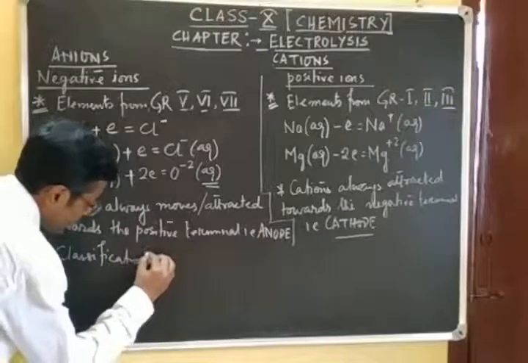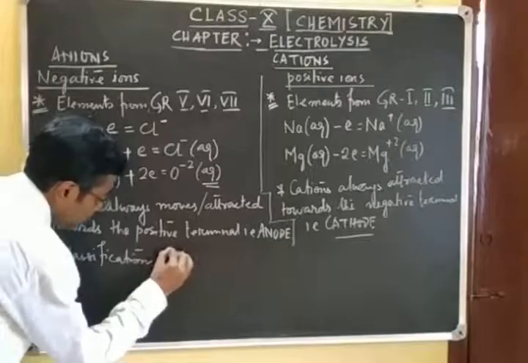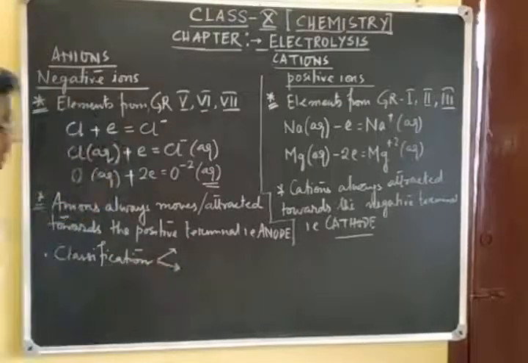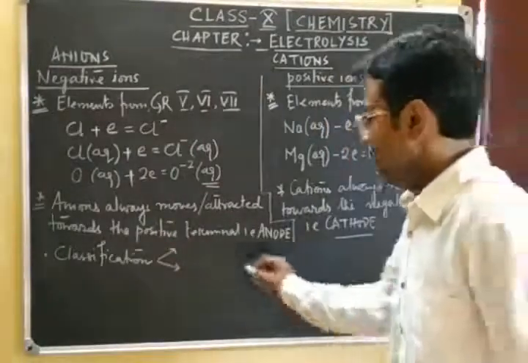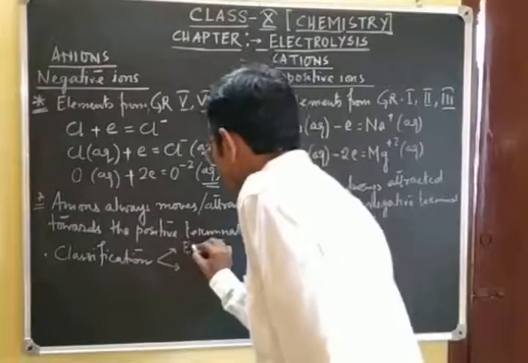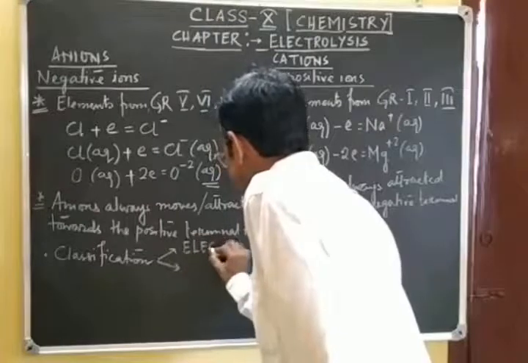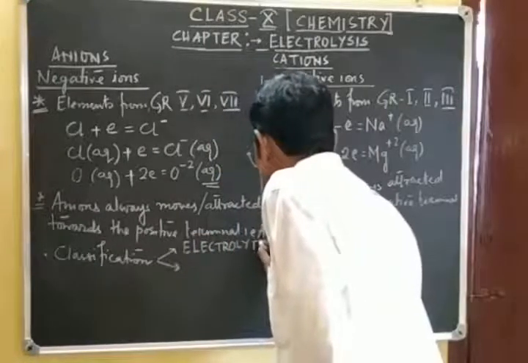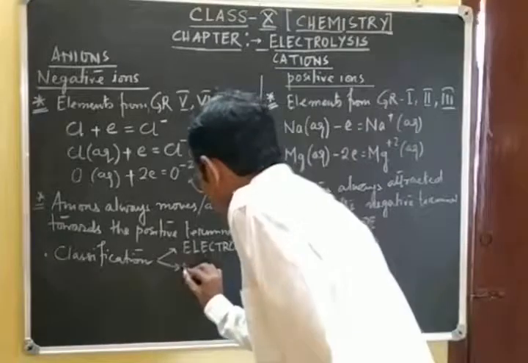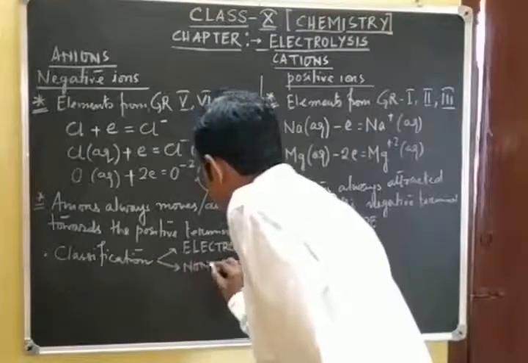Classification of compounds can be done in two ways. One is called electrolyte and another is called non-electrolyte. So I can write electrolyte and another is called non-electrolyte.